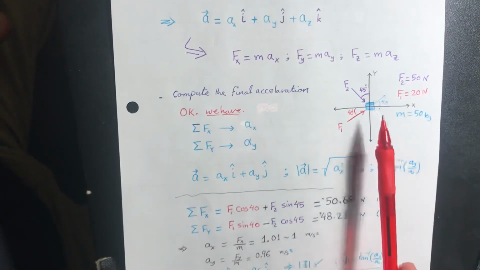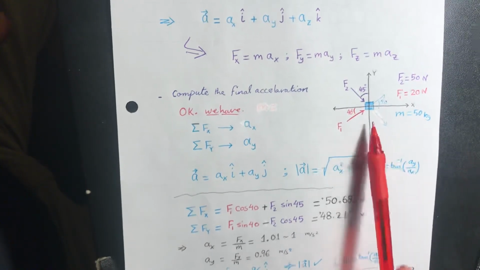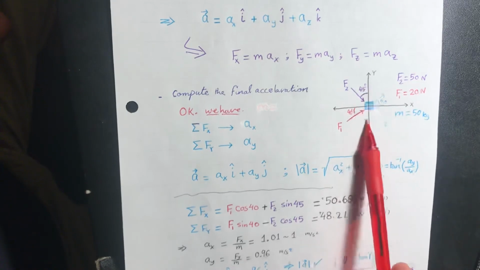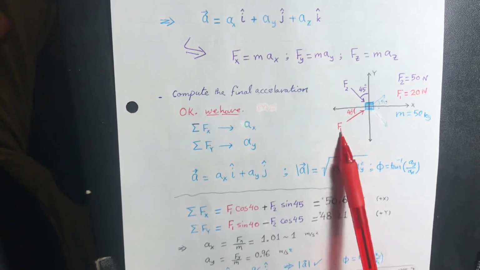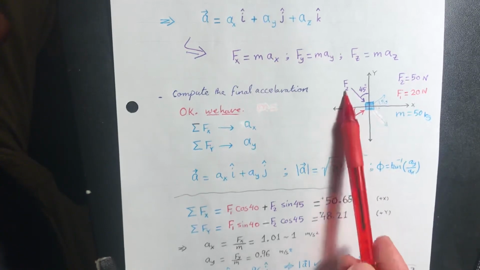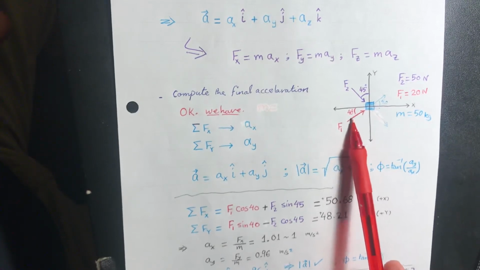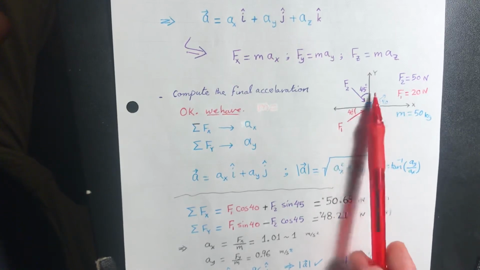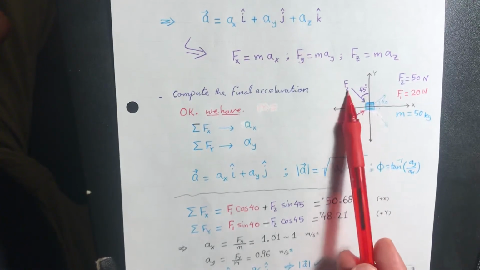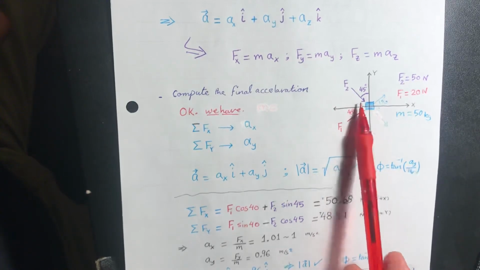Now, our example, if we have a mass of 50 kilograms, and we suppose we have this xy plane, and we have f1 and f2. The direction of f1 is 40 degrees, as we see from here, and the direction of f2 is 45 degrees.